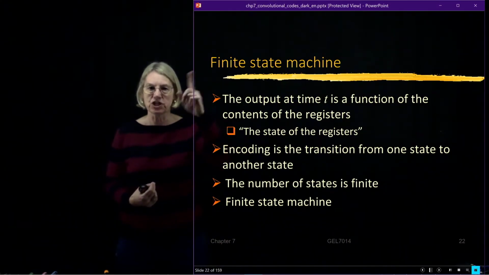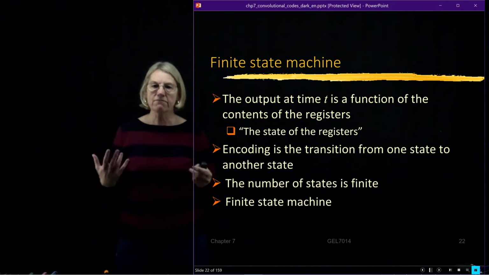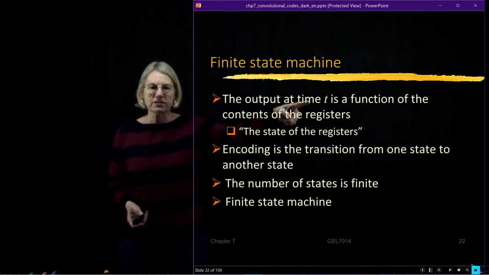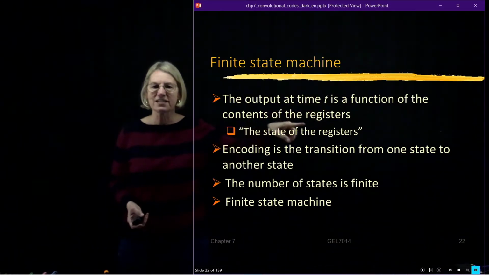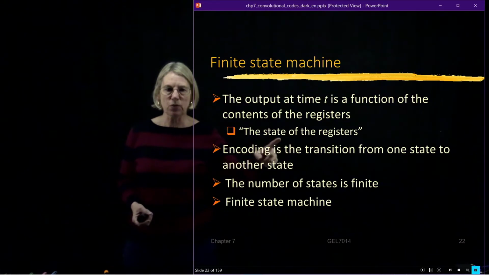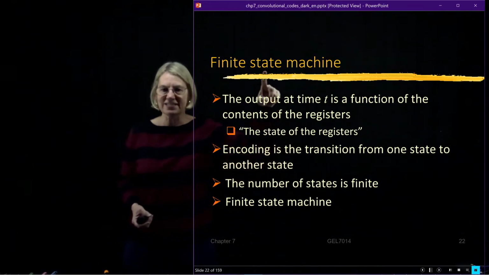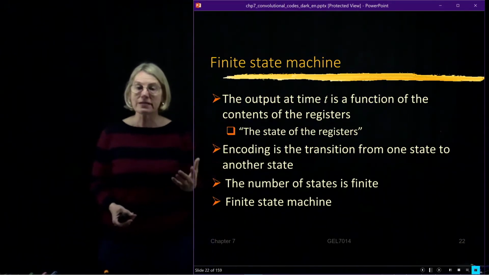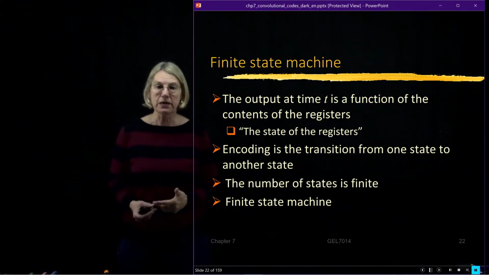finite state machine. So when I talk about a finite state machine, what's the definition of a finite state machine? The output at a certain time is a function of the contents of the registers. And we call that the state of the registers, which is why we have this word state here and state here. So the state of the registers essentially determines what the output is going to be.